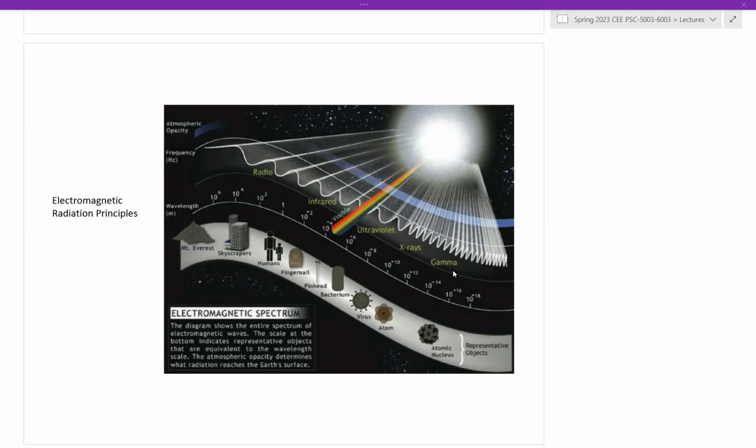High energetic photons are going to be the gamma rays, which can destroy the DNA in our cells in an instant, to radio waves that we use for microwaves and for communication.